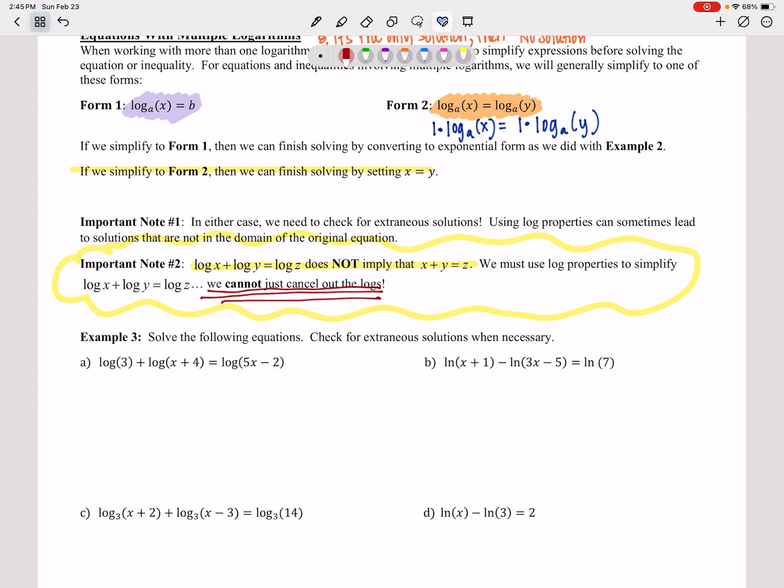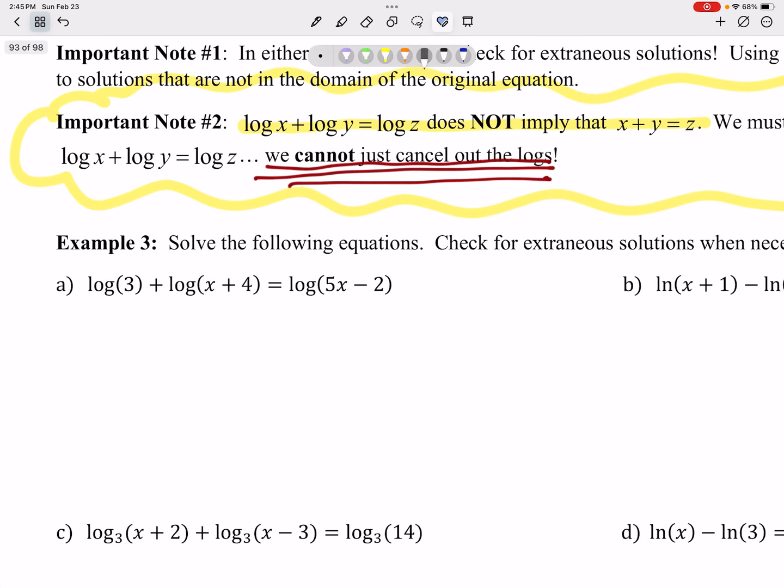Okay, so on example 3A, I'm going to take these 2 logarithms and condense them. Remember, when you condense and both logarithms are positive, we're going to multiply the arguments. So I get 3x plus 12. So log of 3x plus 12 equals the log of 5x minus 2.